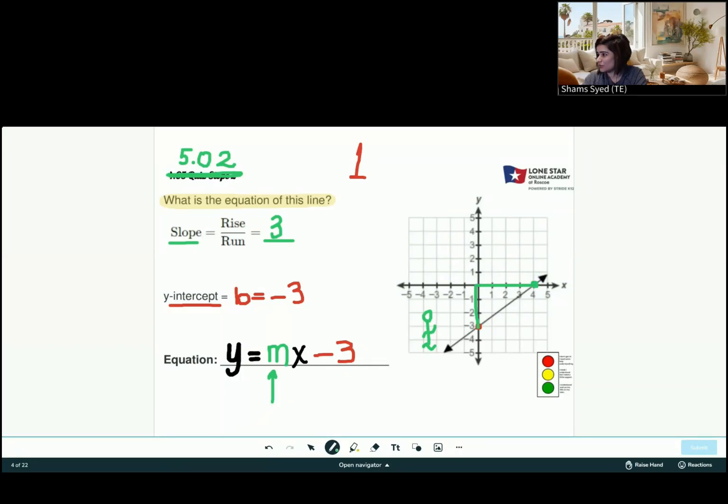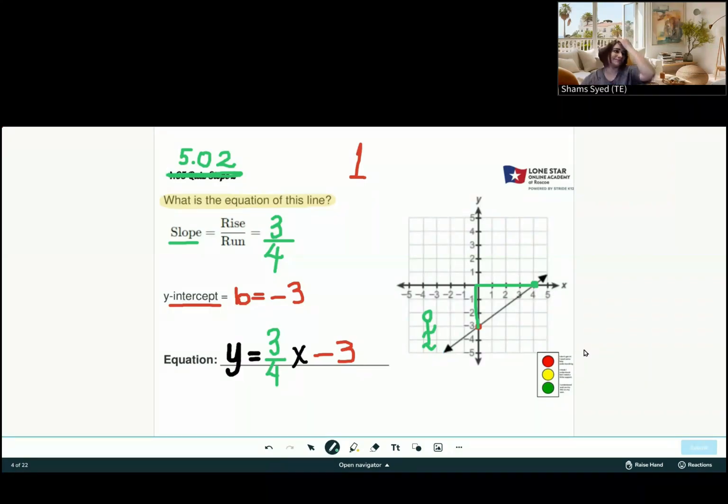So 3 over 4. Okay, 3 over 4. That is the slope. I'm going to go ahead, make the slope 3 over 4. And I have my equation.